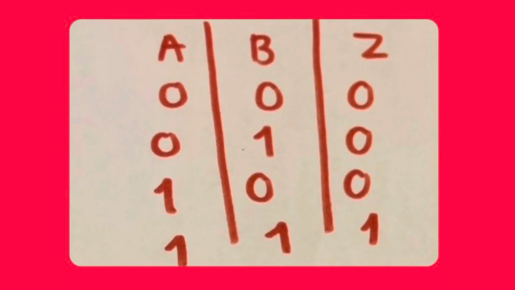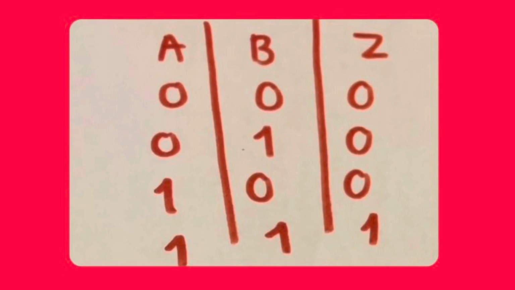When only one, so A or B is 1, obviously our output is also going to be 0 due to the fact that we need both inputs to be 1 in order for our AND product to be 1. So A and B need to be 1 in order for our output to be 1.